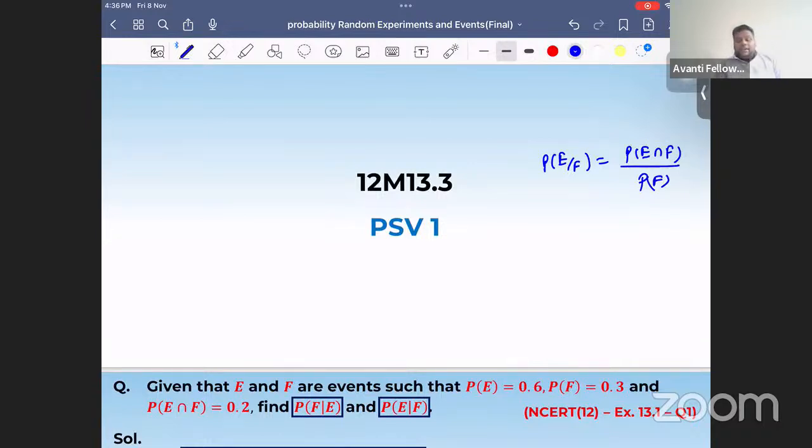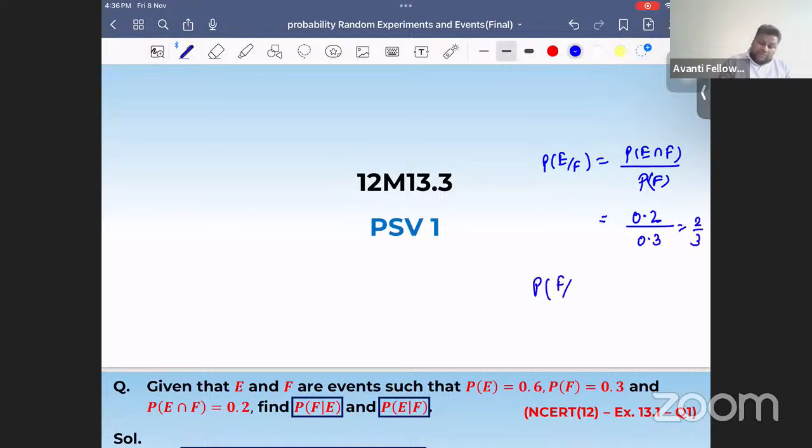Every time solving these questions, you must write these formulas, like P(E intersection F) upon P(F). If you write them, you will get familiar and used to them. So P(E intersection F) is 0.2 upon P(F), which is 0.3. So the answer is 2 by 3.